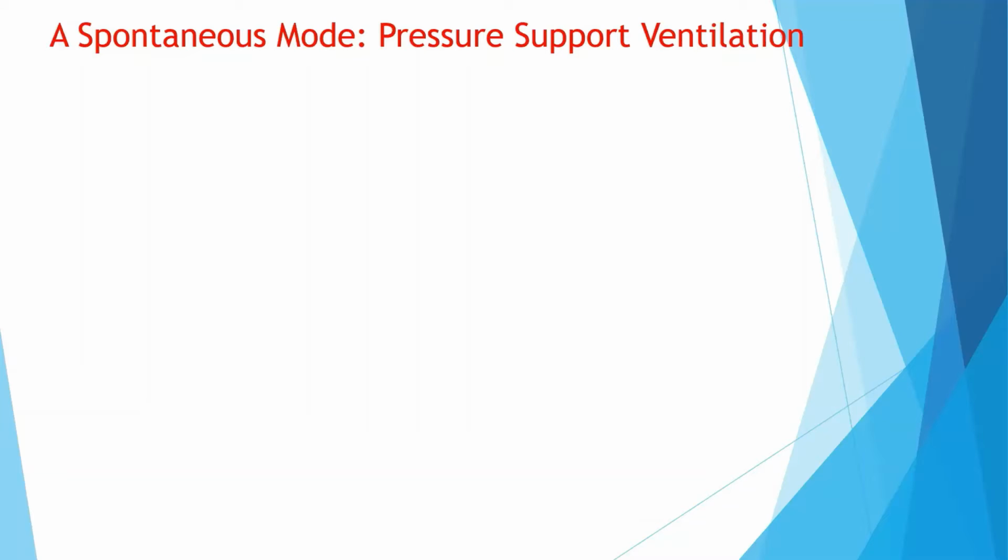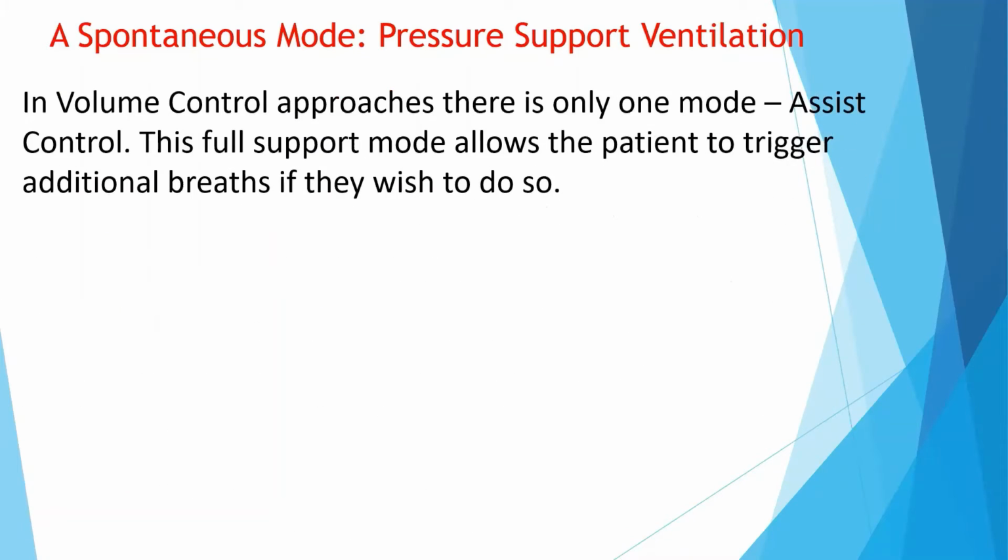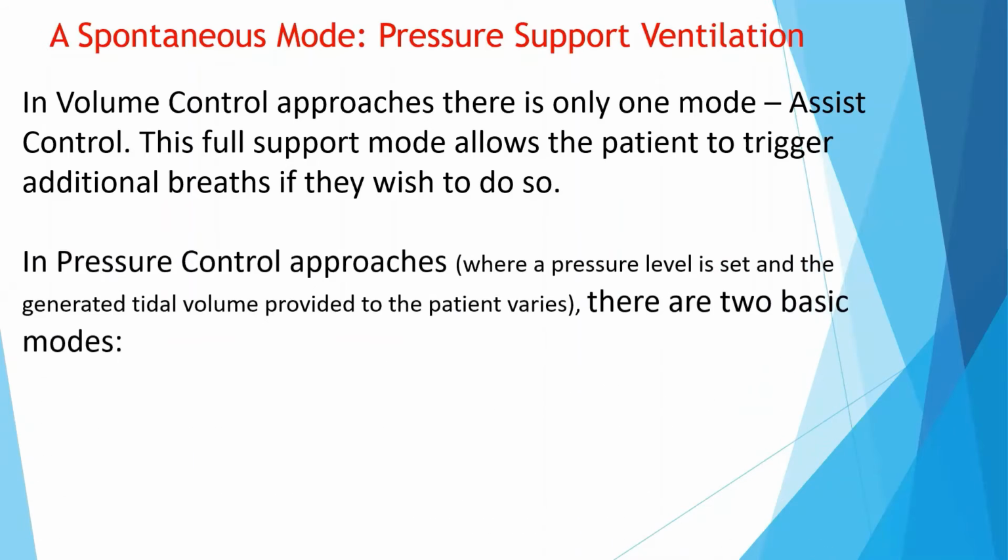Another very common mode, in the pressure control strategy, is something called pressure support ventilation. It can be called a spontaneous mode. In volume control approaches, there's only one mode, assist control. This is a full support mode, and it allows the patient to trigger additional breaths if they wish to do so.